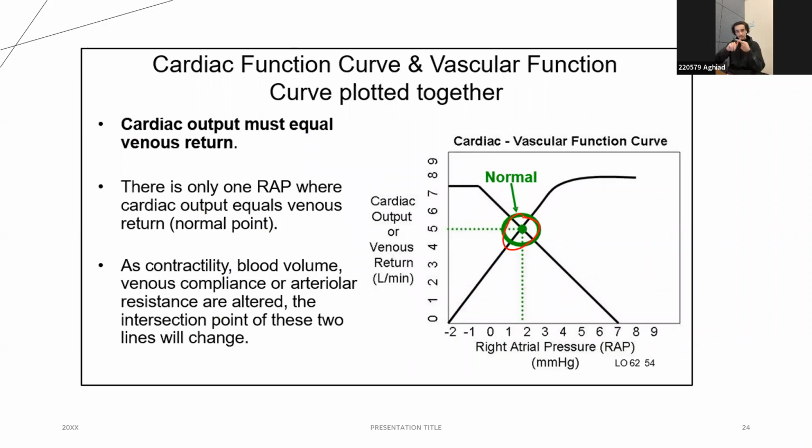It's only one point where they cross. As contractility, blood volume, venous compliance, or arteriolar resistance are altered, the intersection point of these two lines will change. This is called the cardiac function curve, and it mainly signifies contractility.